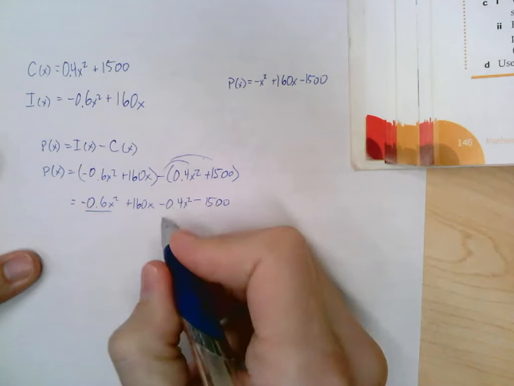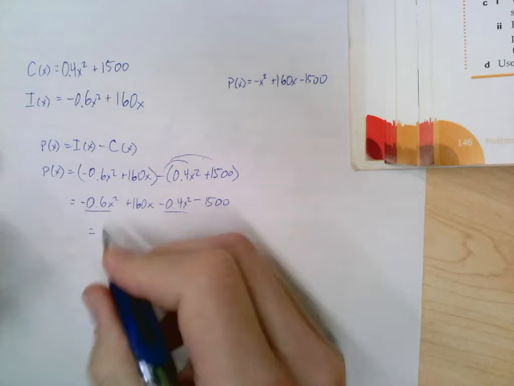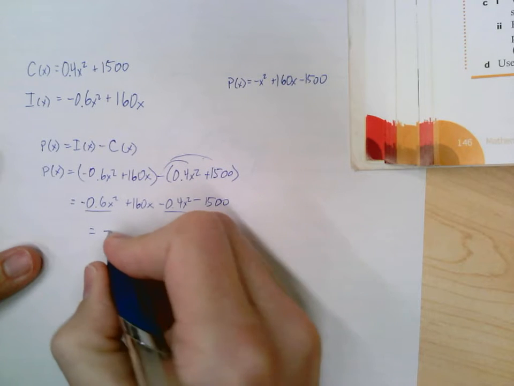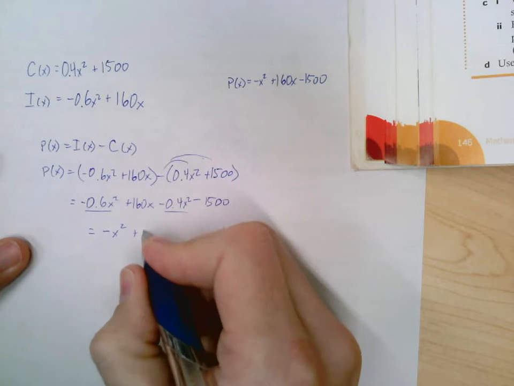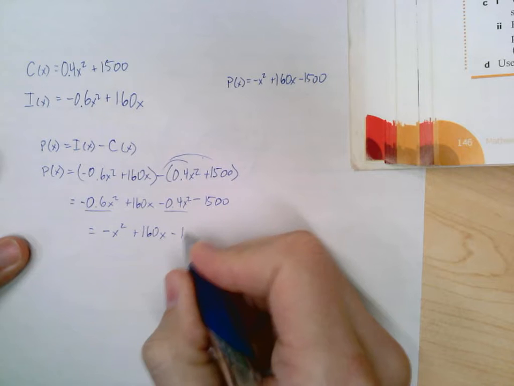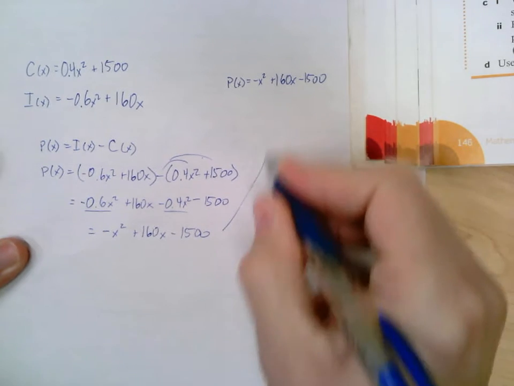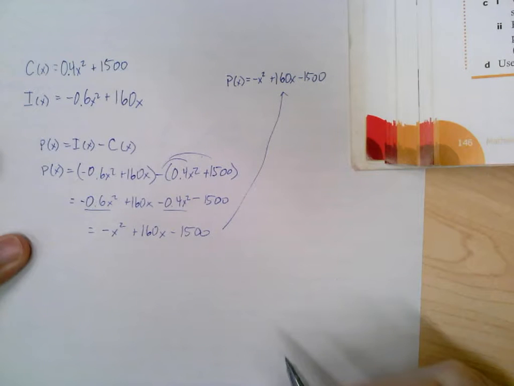I've got a negative x squared and a negative x squared, and I put those together and use my calculator, or I can use my brain, whichever one I decide I want to use right now. And I get negative x squared plus 160x, and then minus 1500. Oh, look, it's the same. I'm so good. Okay, that was part A.